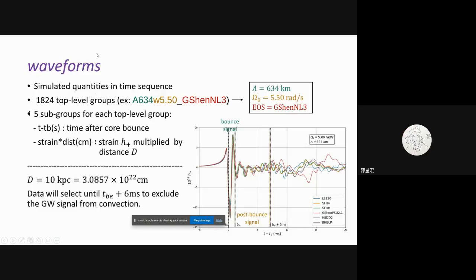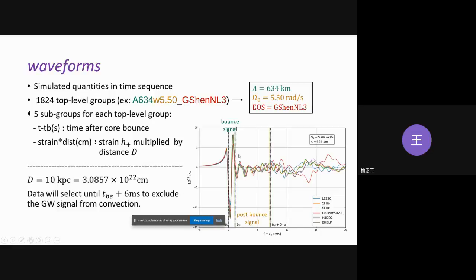And waveform is the 4 quantities and times stored in this group. The quantities are in time sequence, and what we need is the time after core bounce, and the strain times distance. In all the simulations, the distance is given as a constant 10 kiloparsec.